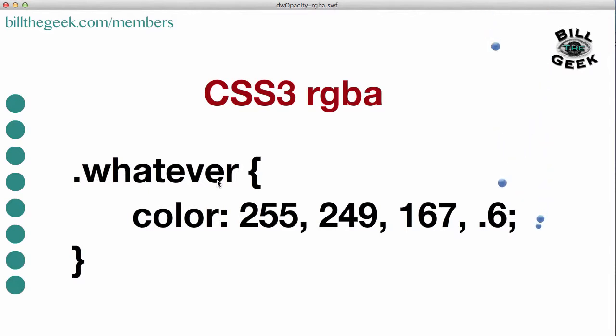Again, whatever. So in this situation, you would just say color, colon, and RGBA values. Again, there are 16.7 million colors that the human eye can see. So instead of those hex values you're so used to, you just use the old 255s, and I believe that's the highest value.